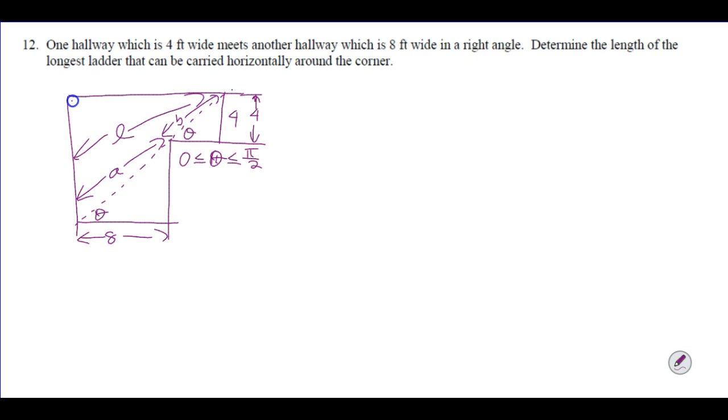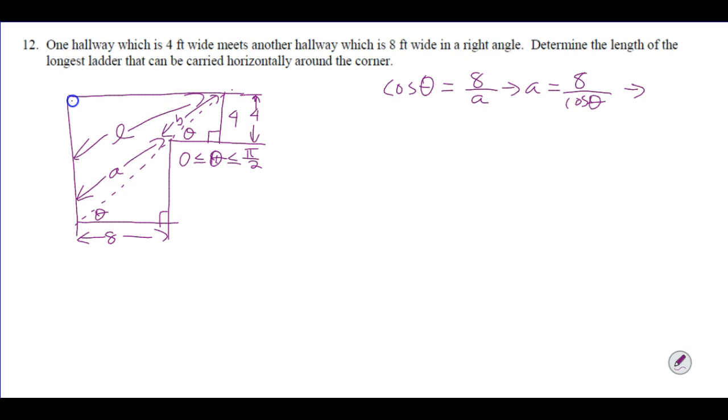All right, so let's start off the way we have started so many of these. I have 8 feet, theta, and A, and the relationship is cos theta equals adjacent over hypotenuse, 8 over A. I want to solve this for A. So A is equal to 8 over cos theta.